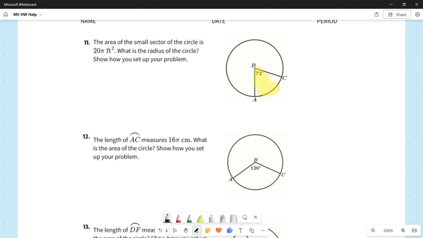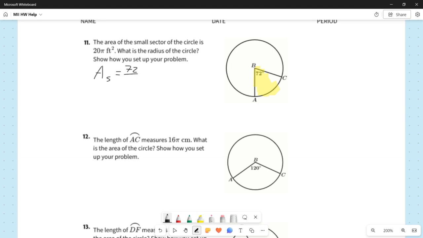To answer this question, we want to think about how, in general, we can determine the area of a sector of a circle. We're going to start with a ratio, and that ratio is the measure of the central angle of our sector, which in this case we can tell from our picture is 72.